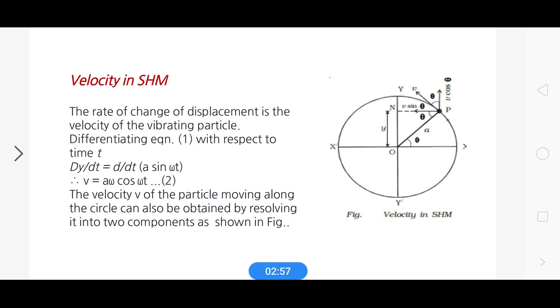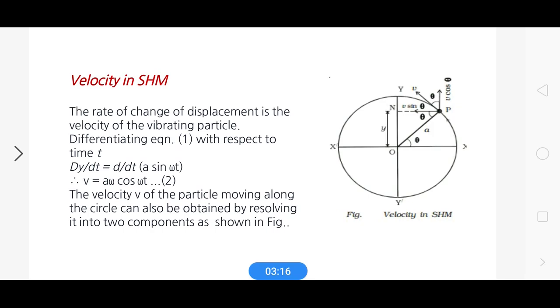So dy by dt is equal to d by dt of a sine omega t. So we get v is equal to a omega cos omega t.